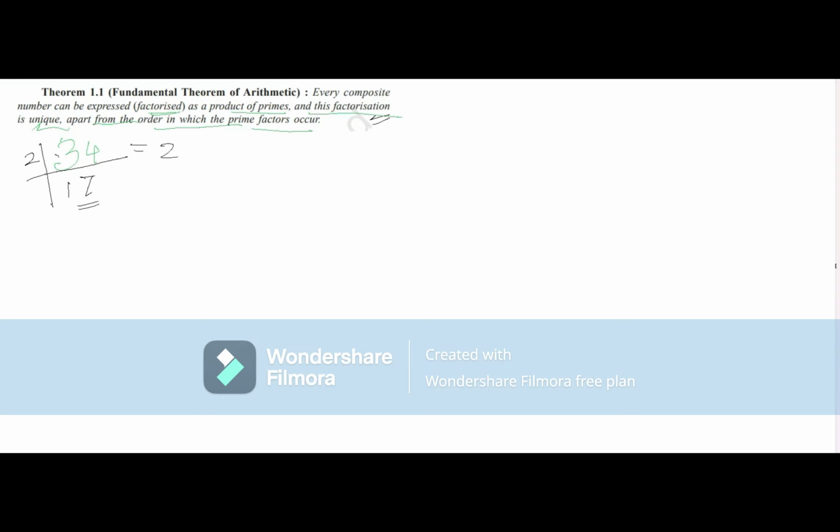So I can write the number as 2 into 17. I can take another number, say 58. I prime factorize 58 by dividing it by 2. 2 times 29 is 58. Again, I can write 58 as 2 into 29. So I can always have prime factors for the numbers.